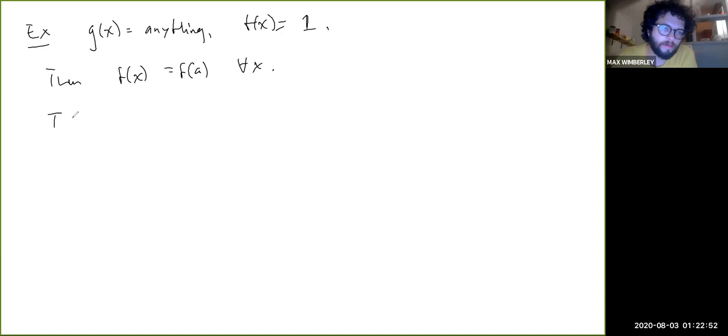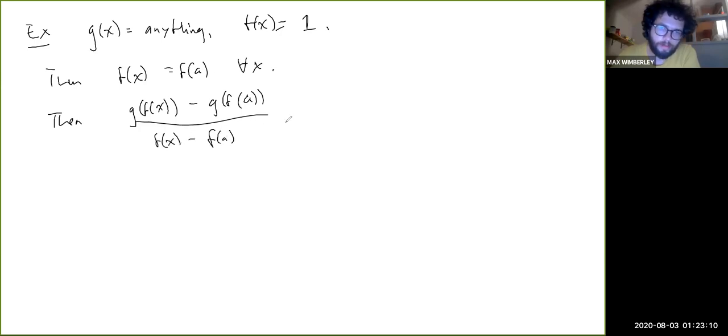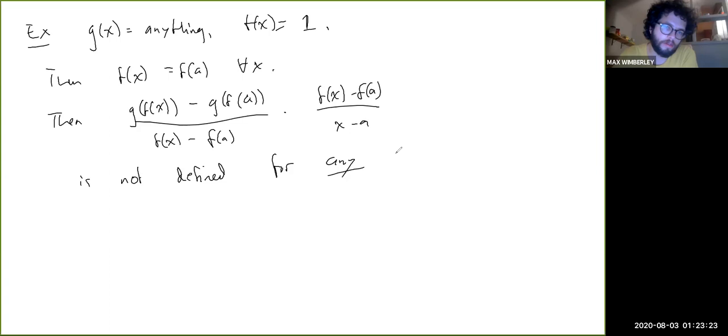So the expression g of f of x minus g of f of a over f of x minus f of a, times f of x minus f of a over x minus a, is not defined for any values of x. You can see how that's problematic for us.